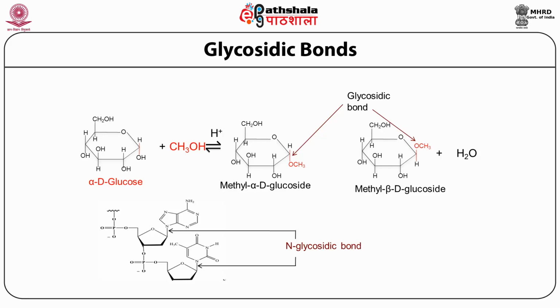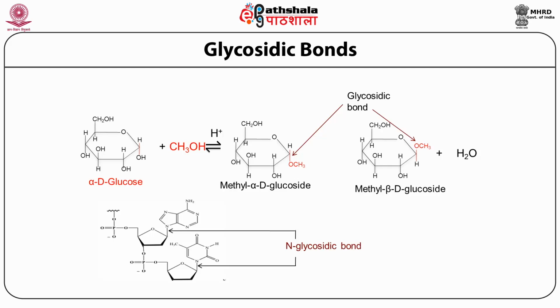Not only can glycosidic bonds form between these kinds of monomers, but N-glycosidic bonds are also important in linking ribose to purines and pyrimidines in nucleic acids, as shown below in this figure. The N-glycosidic bond here forms between the anomeric carbon and an amine, and these are the bonds that link D-ribose to purines and pyrimidines in nucleic acids.